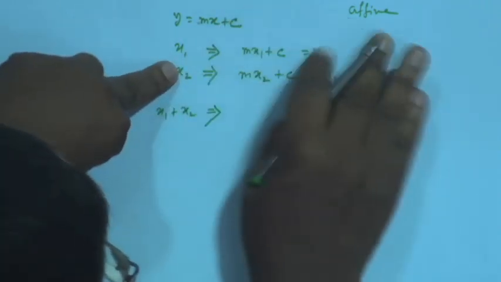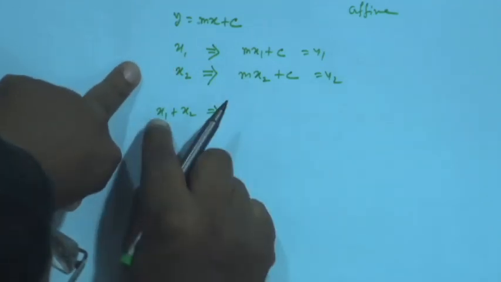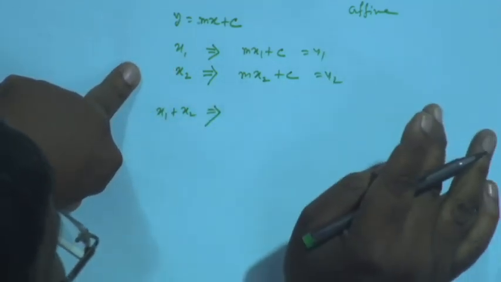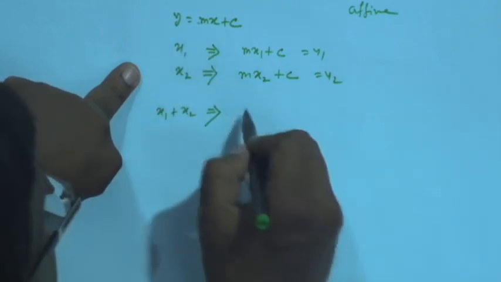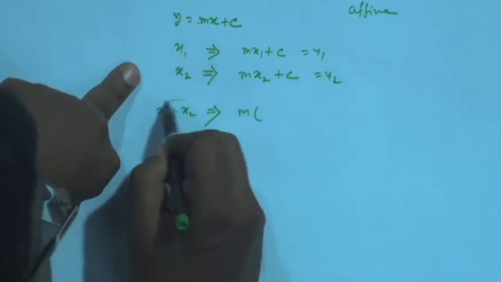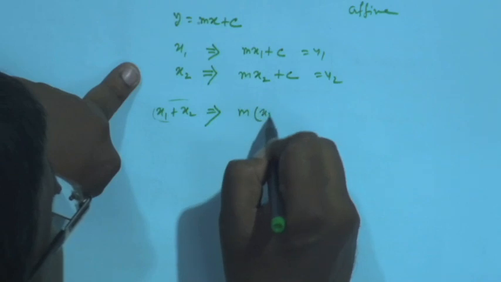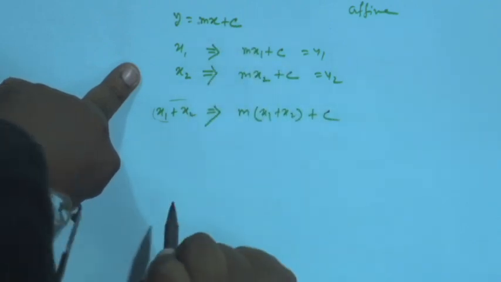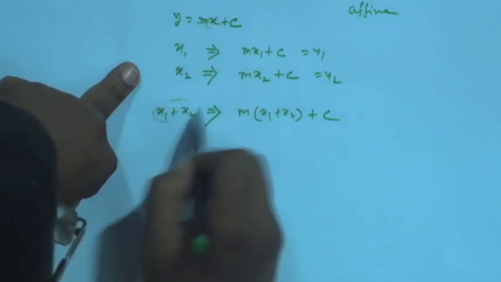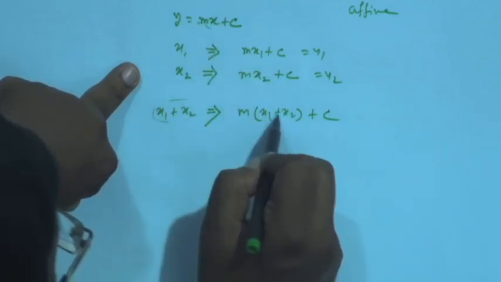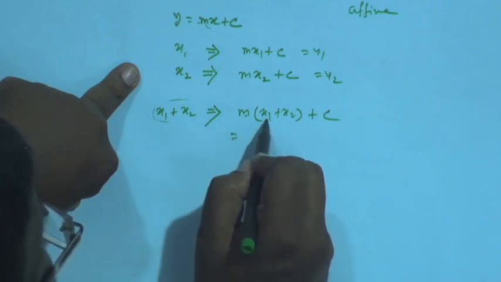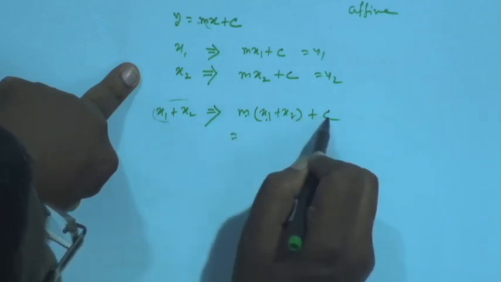So, x1 gives rise to y1, x2 gives rise to y2. If I give x1 plus x2, output should be y1 plus y2 if linear. But now the output will be m into x1 plus x2, plus c. This is mx1 plus mx2 plus c.